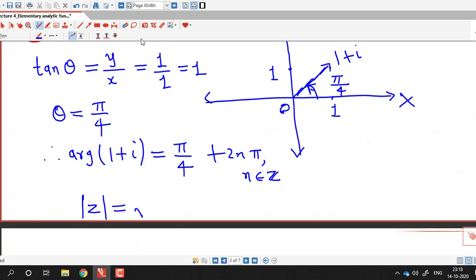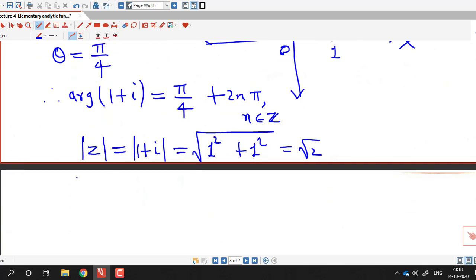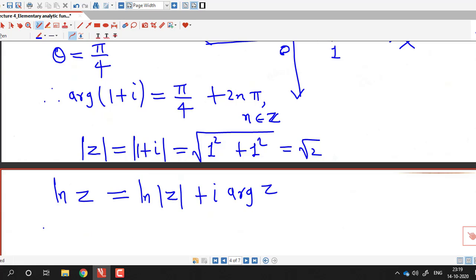The absolute value of 1 plus i is the square root of real part square plus imaginary part square, so this is going to be square root of 2. Now by definition, ln z is ln mod z plus i into the argument of z.